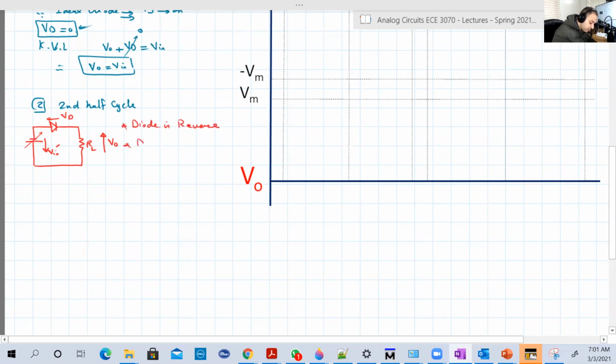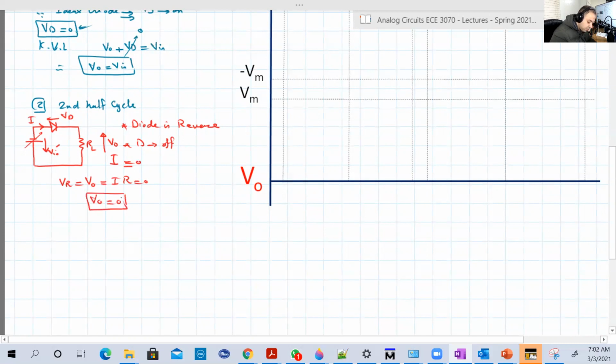So the diode is off. So in all that half cycle, ID or I, whatever you call it, equals 0. So VR or V load or V output equals IR equals 0 as well. So VO here is equal to 0.